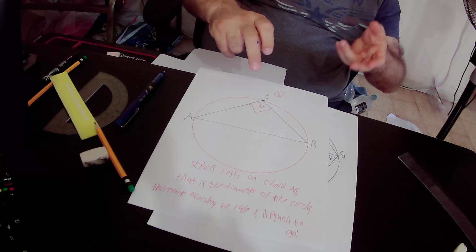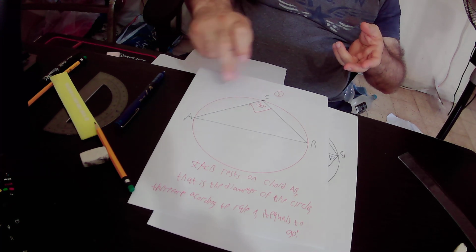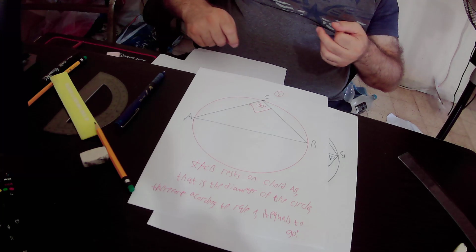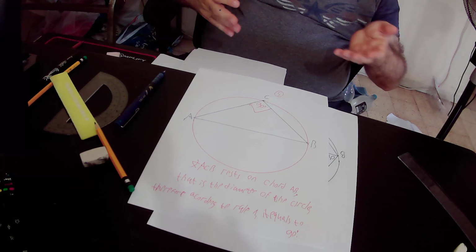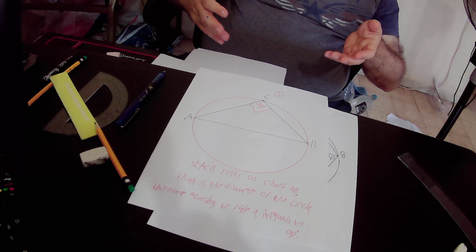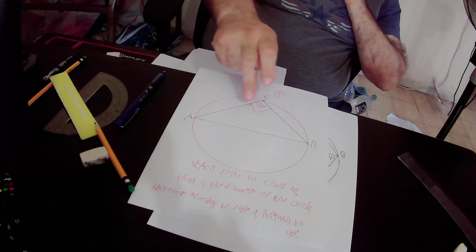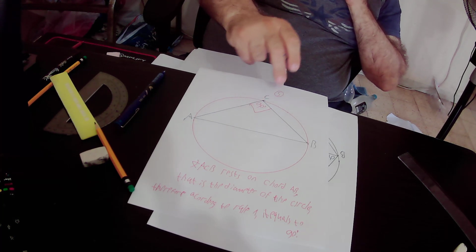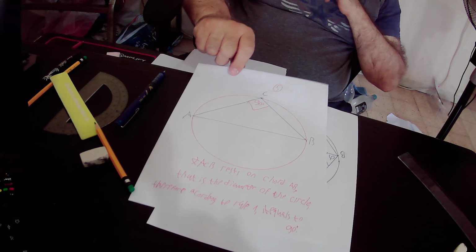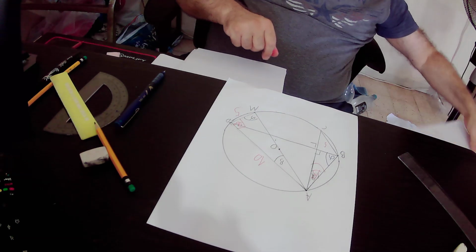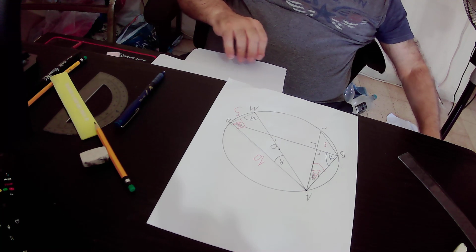Therefore, according to rule number 1, angle ACB equals 90 degrees. And any other peripheral angle that rests on this diameter AB will be equal to 90 degrees. Okay, that is the explanation for rule number 1.